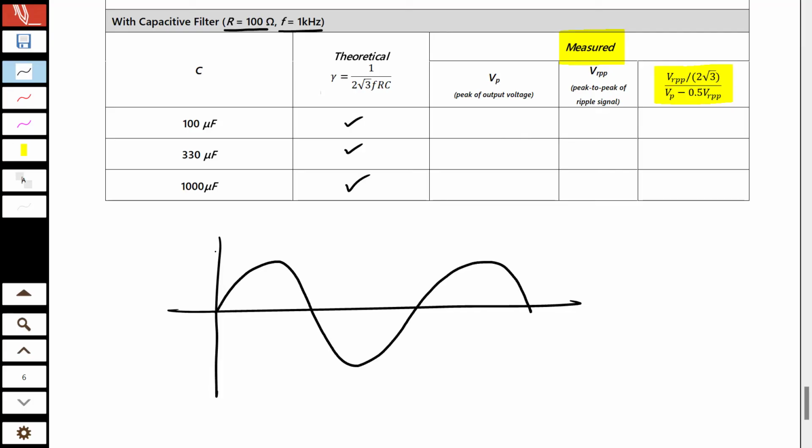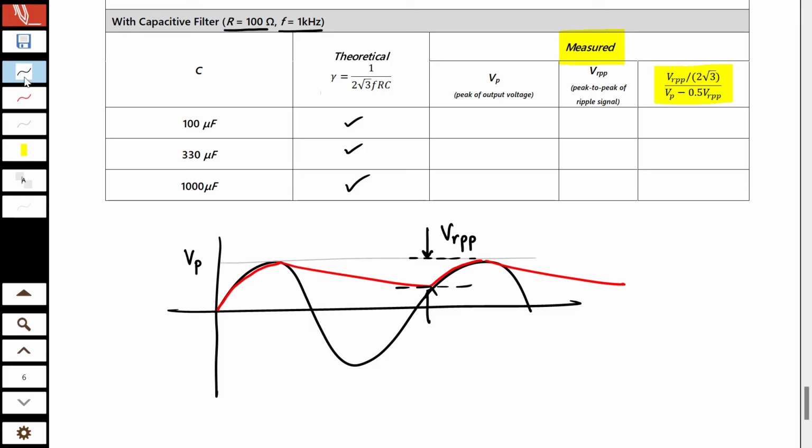If this is your input waveform, which has a peak value of Vp, and once you have a ripple, your ripple looks something like this. The ripple voltage is this voltage. This is actually your VRPP, ripple voltage peak to peak.